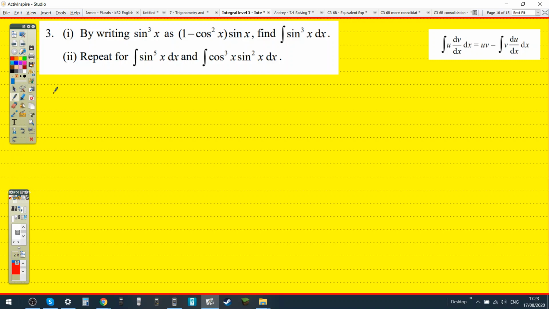Okay, part 2 wants us to do some stuff. So I guess you would do 1 minus cos squared x times sine x to the power of 4. Integral of sine x. Okay, what's next?